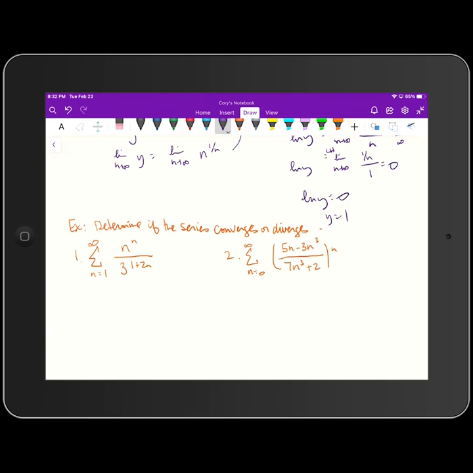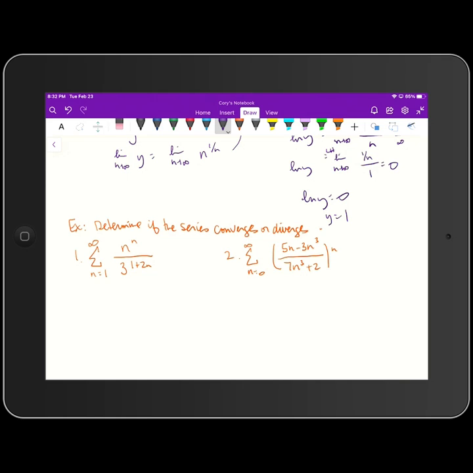When you look at the numerator for number 1, when you have n raised to the n power, you're not going to be able to use the ratio test for that because it's going to be hard to compare n plus 1 raised to the n plus 1 power to n raised to the n power. So when you have n raised to the power of n, that's usually a good sign for you to use the root test.